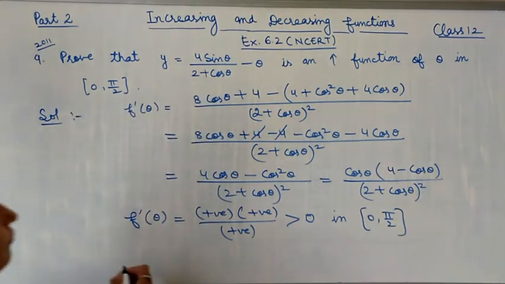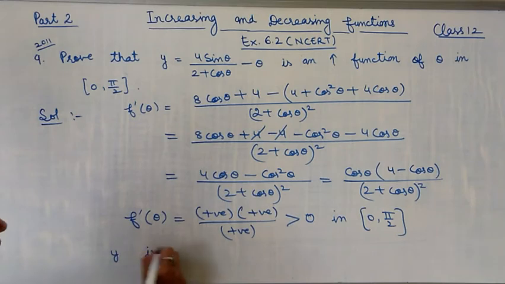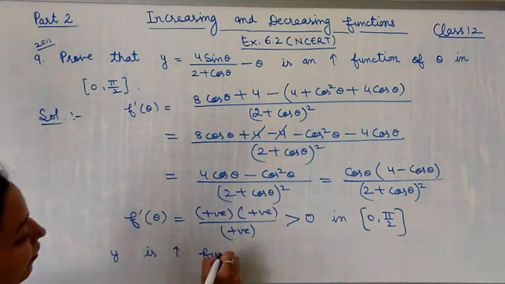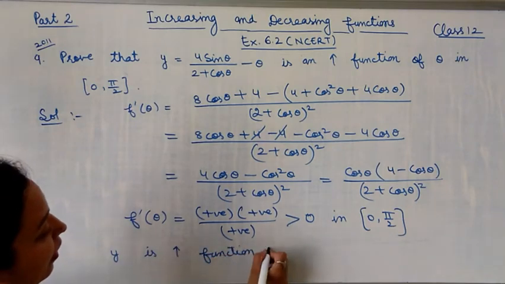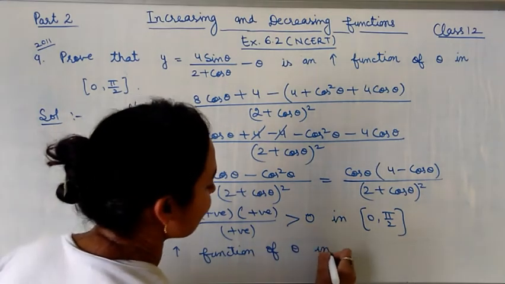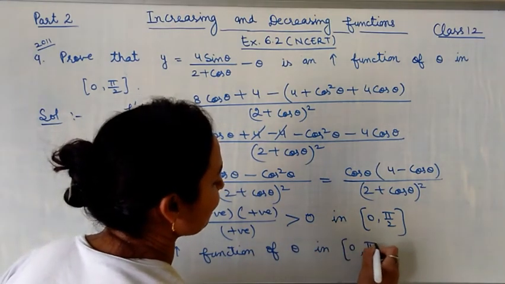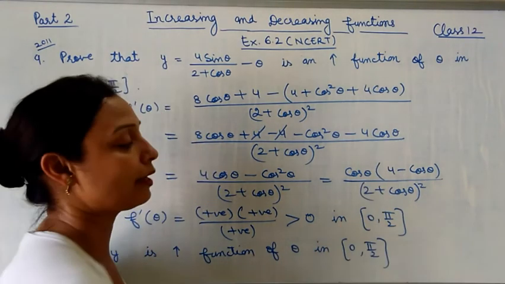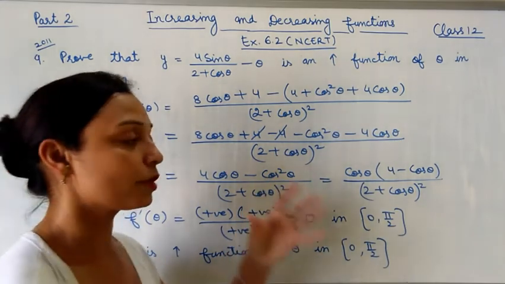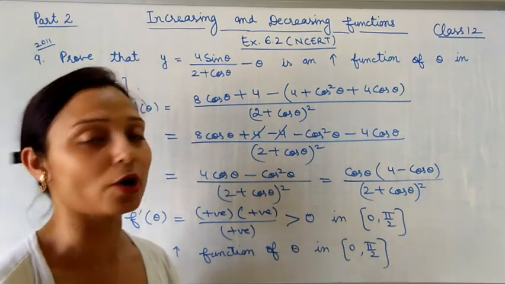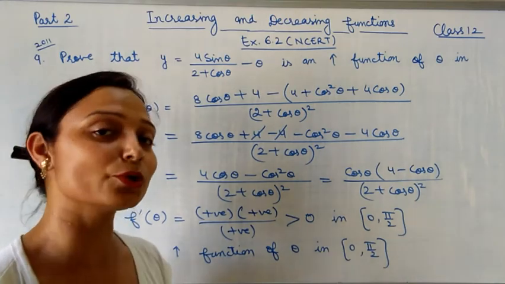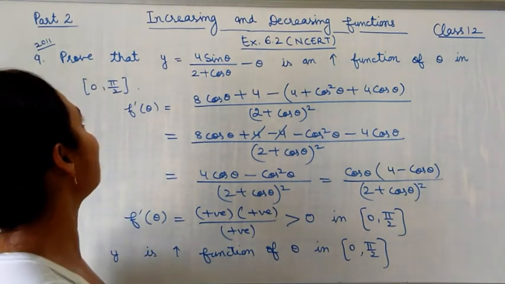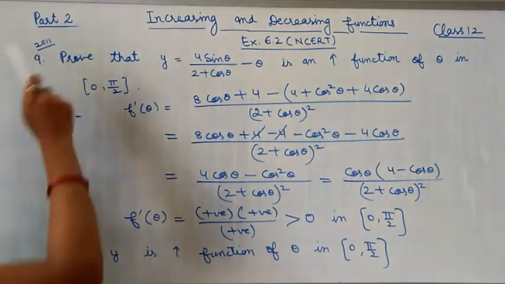That means f is an increasing function of theta in 0 to pi by 2. The whole quantities are in the form of cos, and cos is positive in the first quadrant, that is 0 to pi by 2. So this is the way, and this question came in 2011.